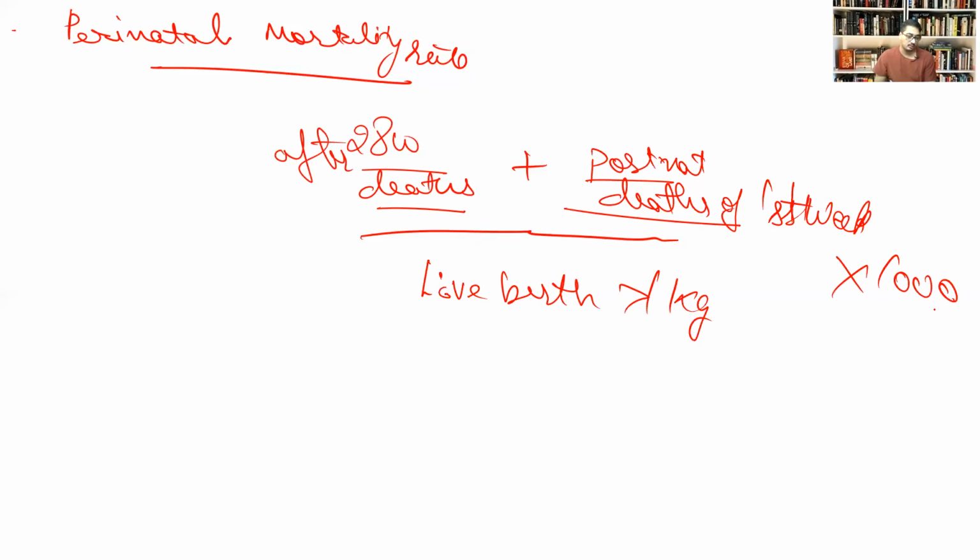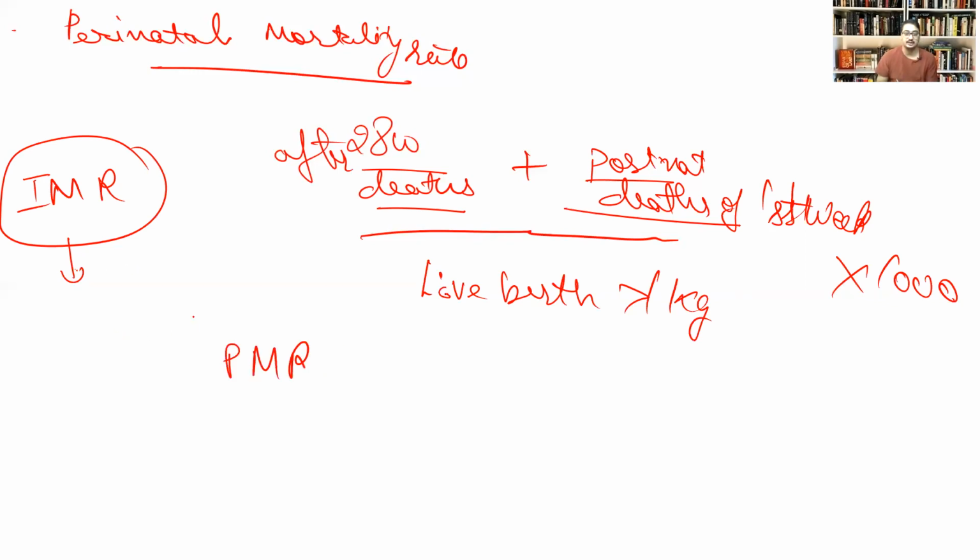Now with the declining infant mortality, right now the best indicator that is available in order to know the health services of a particular community is the infant mortality rate. But in developed countries, IMR is going down. So many developed countries are using this perinatal mortality rate as a mechanism to gauge how the improvement in health services is happening.